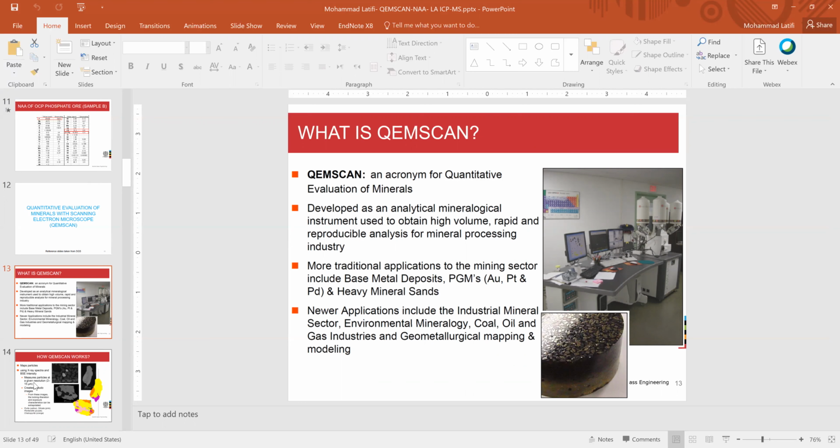This equipment has been used for several industries, for base metals, for platinum group metals, heavy mineral sands, and many other applications. Something I want to emphasize before I move to other slides to tell you what kind of information we can obtain by ChemScan is sample preparation. In fact, I had to talk about sample preparation also when I talked about chemical assaying.